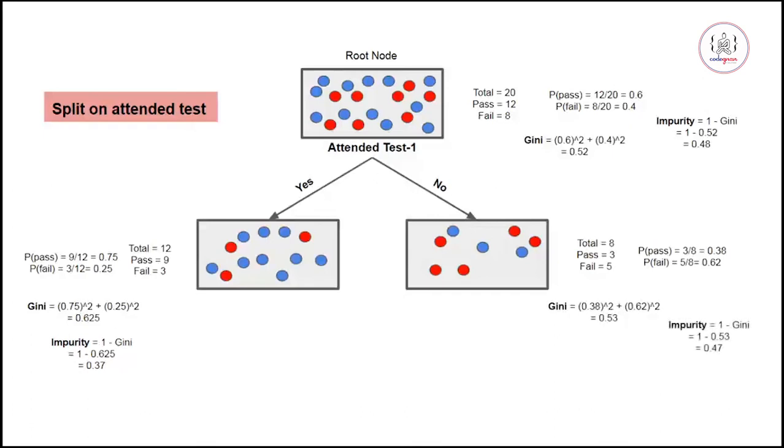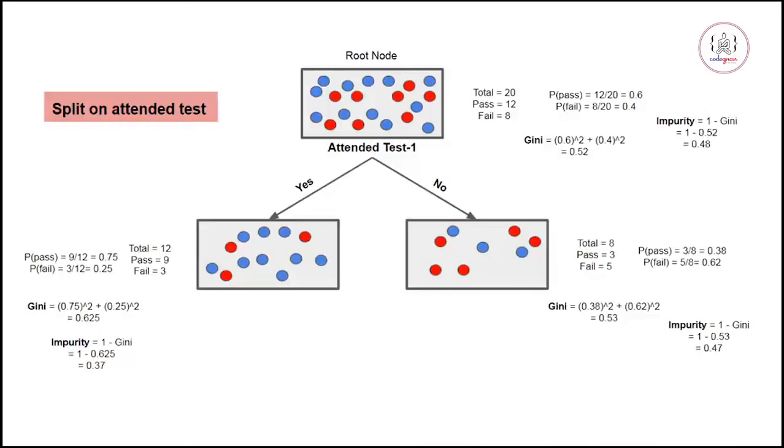Then you can calculate the impurity, and the impurity for your right subnode is 0.47, right?